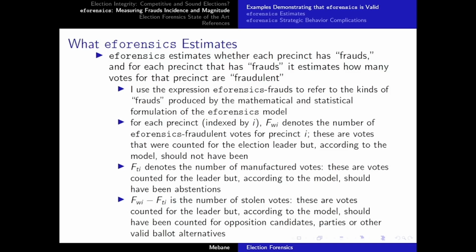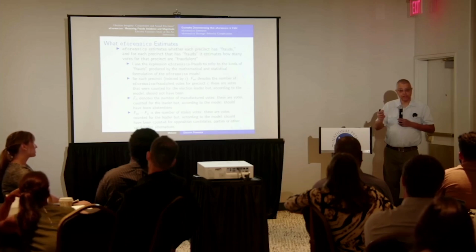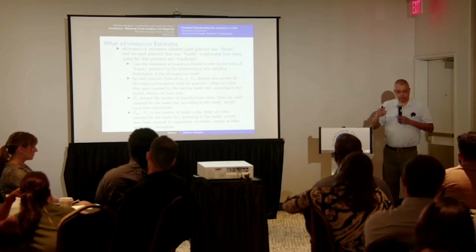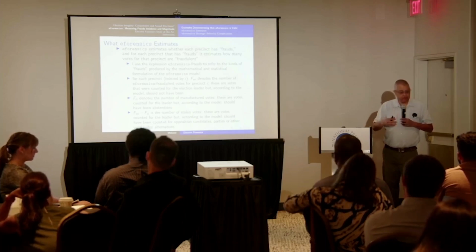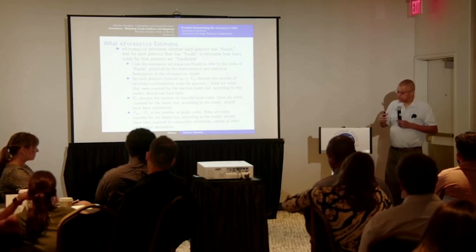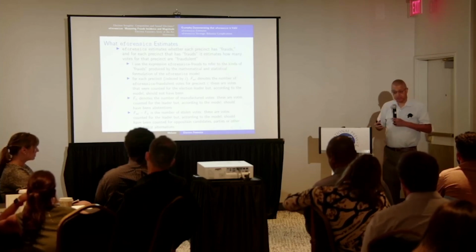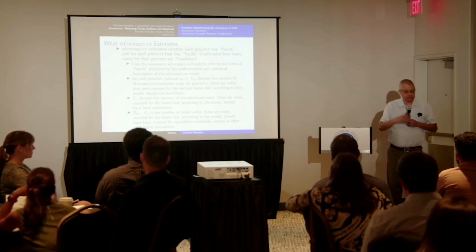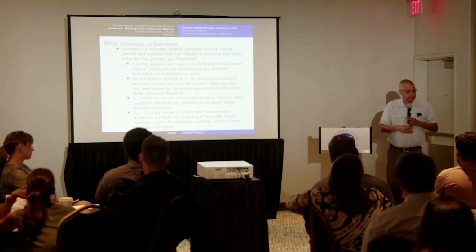I use the phrase e-forensics fraudulent or e-forensics fraud just to refer to the kind of fraud that comes out of this model. And it's a research question whether that kind of fraud is related to malevolent distortions of election intentions. It could be just something the model makes up, and it's all nice and everything, but it's unrelated to what happens in the world, and no one should take it seriously.